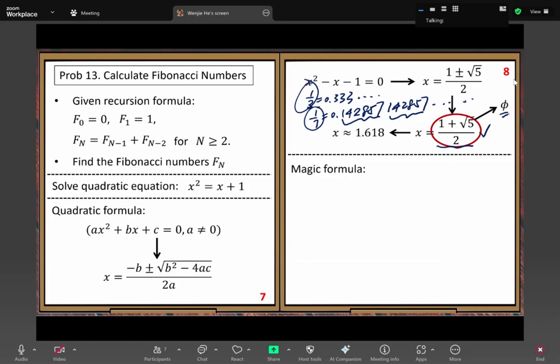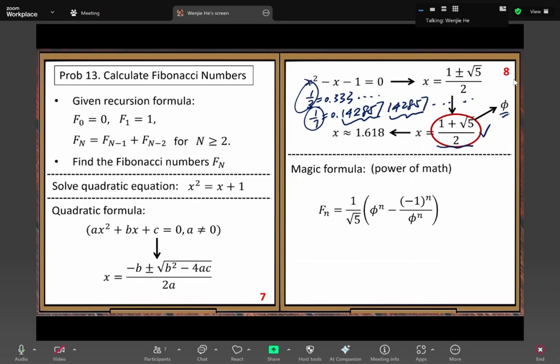Now, we need to consider the Fibonacci formula. Here I call it the magic formula. f sub n, the nth Fibonacci number corresponding to input number n, you get the exact formula in this way: 1 over root 5 times big parentheses.